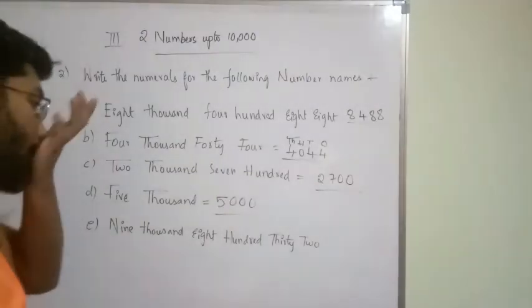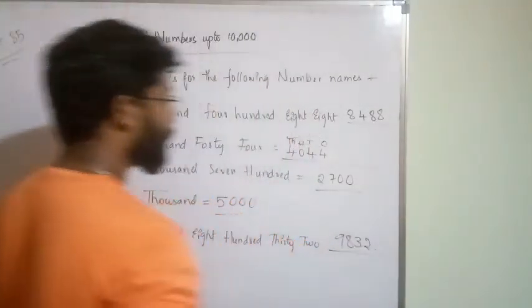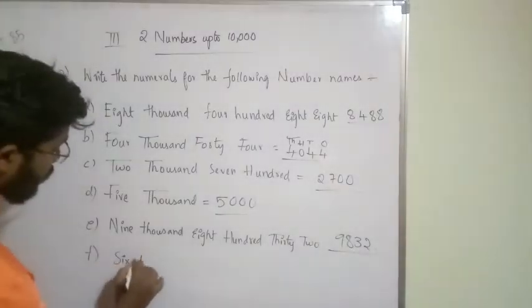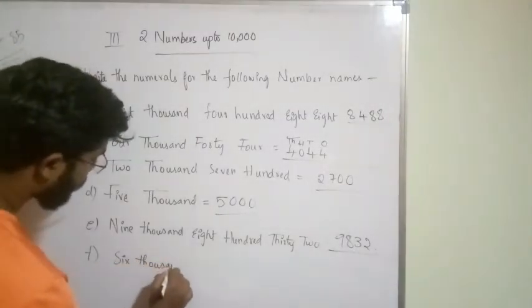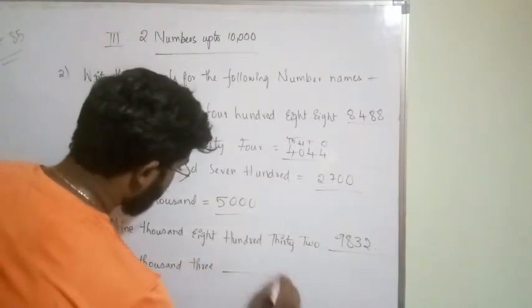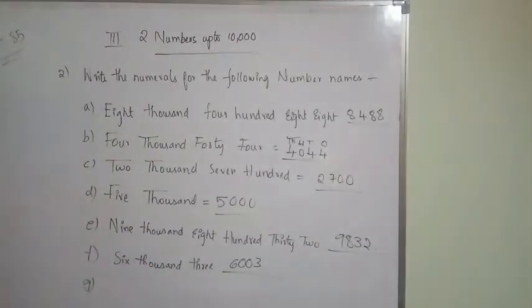So what is the number? 6003. E, F, G. G is how much? 1211. This is the number.